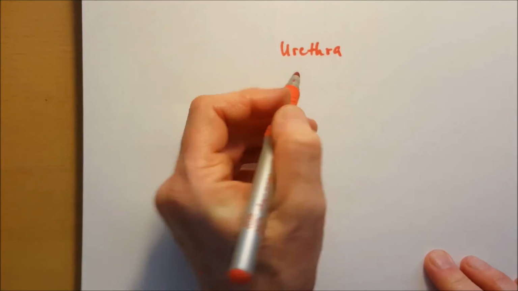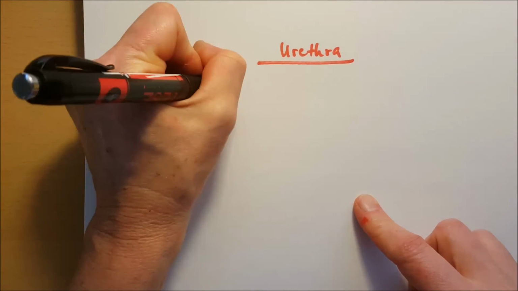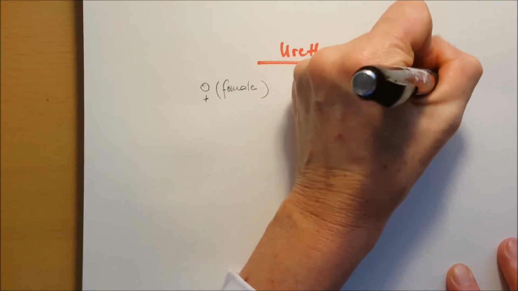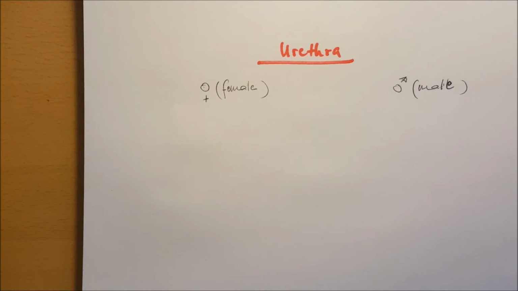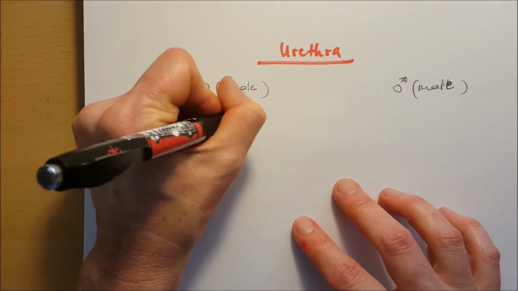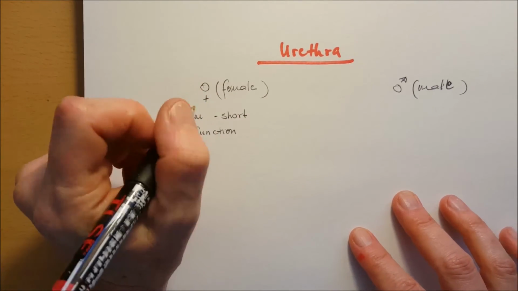Now let's contrast the female urethra with the male urethra. Let's go over the female first. It's a short urethra, 4 centimeters, a little bit bigger than 1 inch, but less than 2.